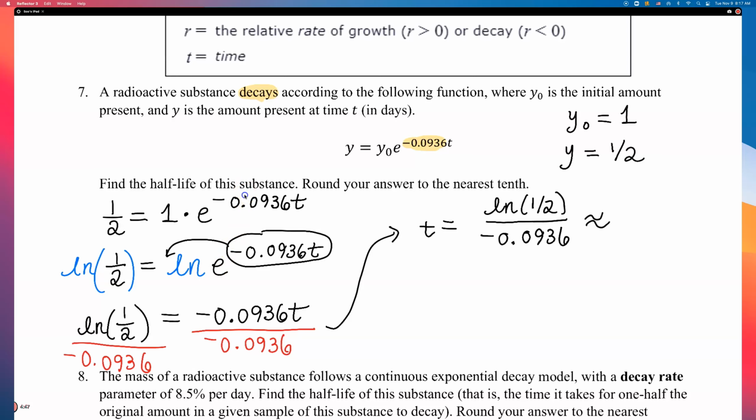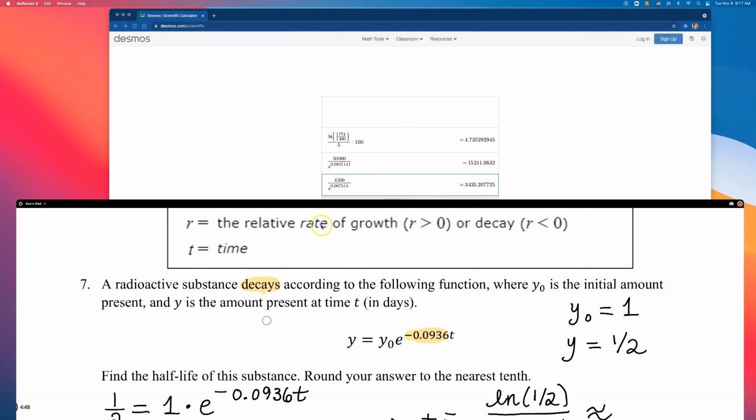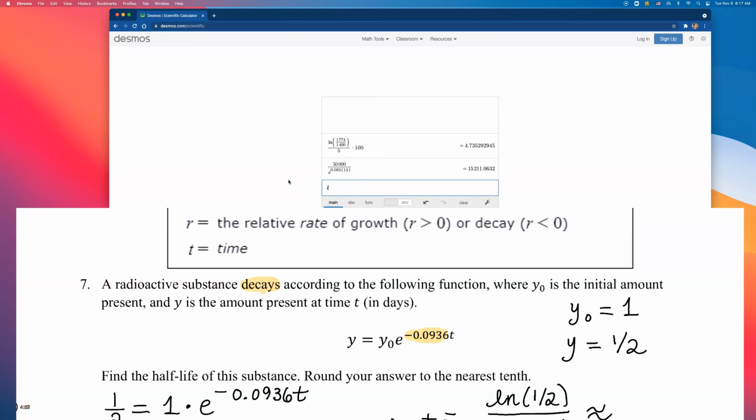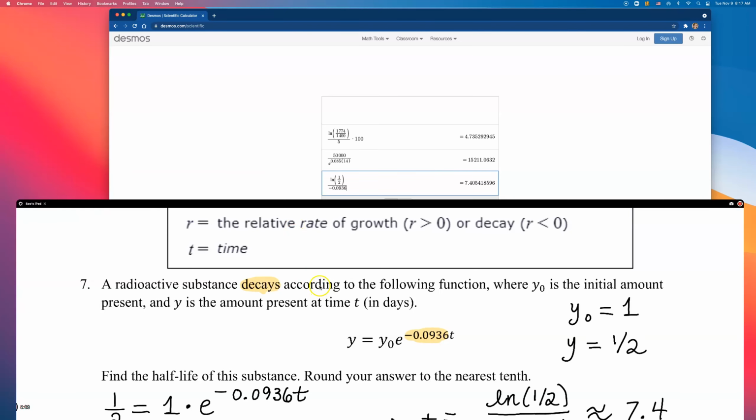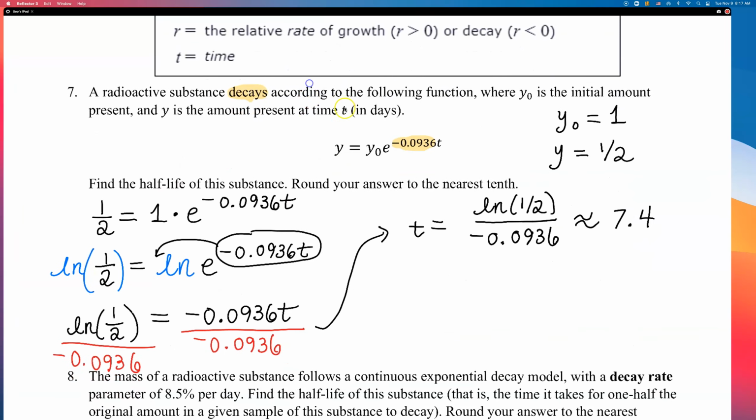So this is where we go to the scientific calculator and type in natural log of 1/2 divided by negative 0.0936. The half-life is approximately 7.4, and looking at the unit, t is in days. So the half-life is 7.4 days.